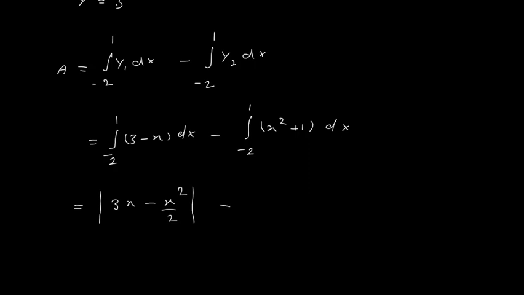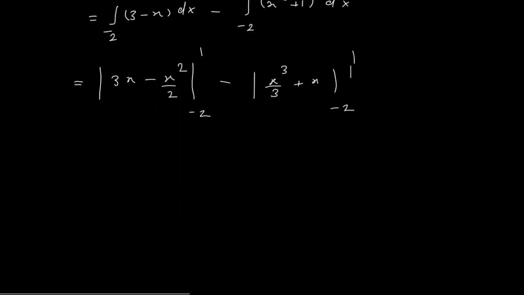Minus, here we have the integration of x square, which is x cube divided by 3 plus x. Now the limit of integration is minus 2 to plus 1. So this will give me 3 into 1, 3 minus 1 upon 2.